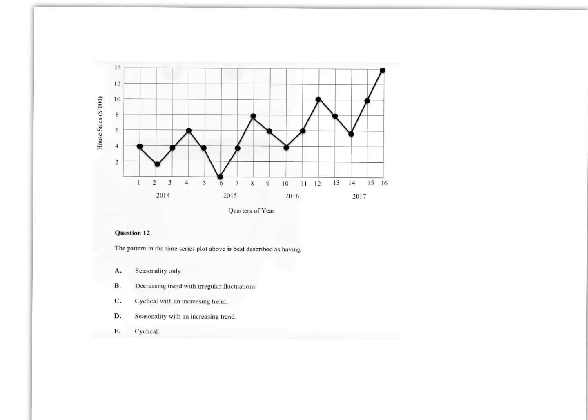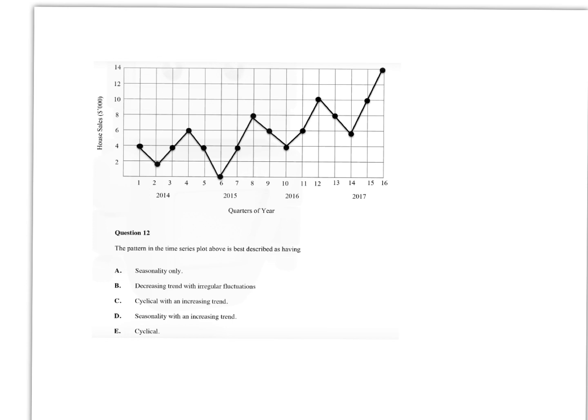All right, the next one, this one here, says house sales in the thousands. The pattern in the time series plot is best described as... So what do you think about this one? If you look at it, it doesn't look like it's doing the same thing every day. If it's breaking up the years in roughly quarters, is it happening at the same time?